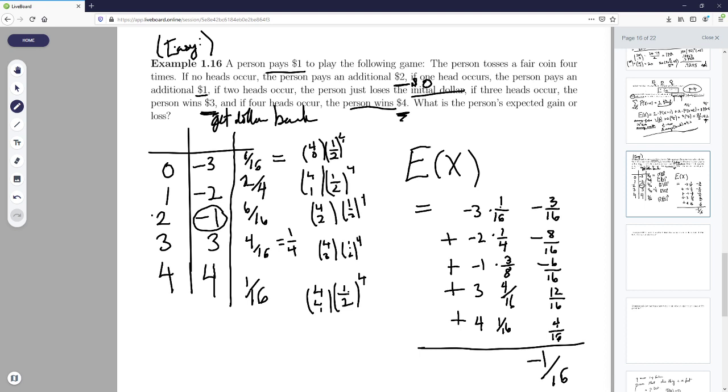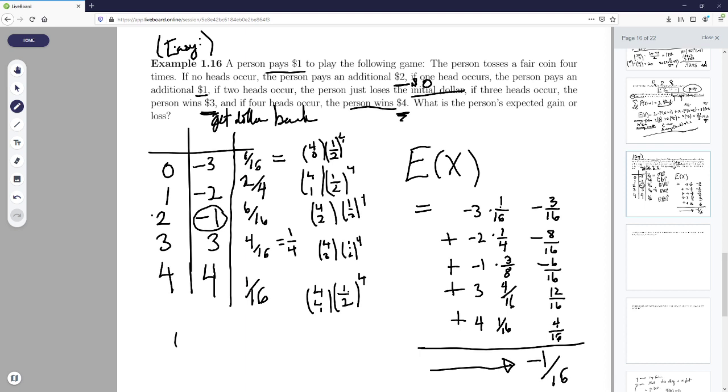So, as it turns out, this game has a very slight negative expected value. And so what that means is that we expect, well, 1/16 is what? 0.0625.